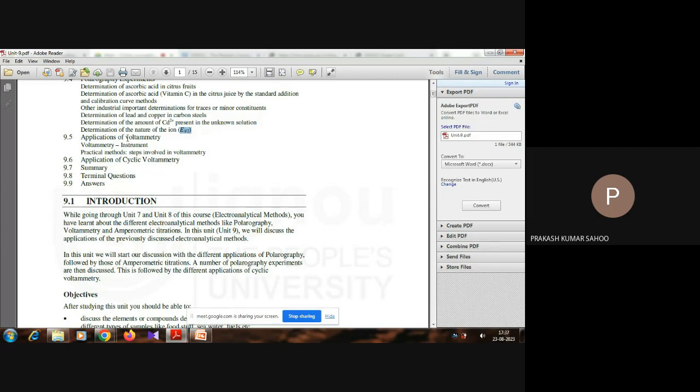Then application of voltammetry, under this we have the instrumentation part, followed by some practical methods, and at the end we have cyclic voltammetry application.